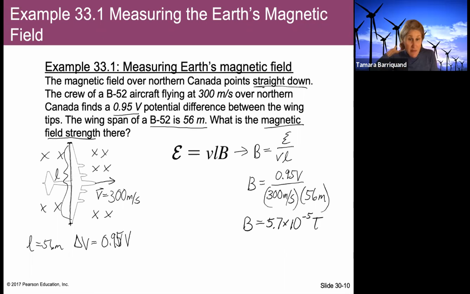And we know that that seems reasonable because the magnetic field on the Earth is about 5 times 10 to the minus fifth Teslas, and we are up closer to the northern pole, so we would expect it to be a little bit higher.